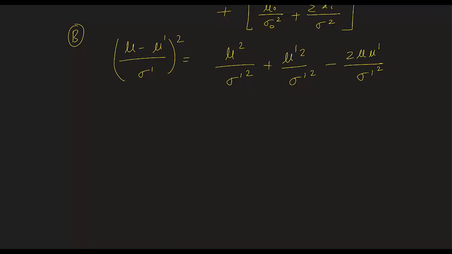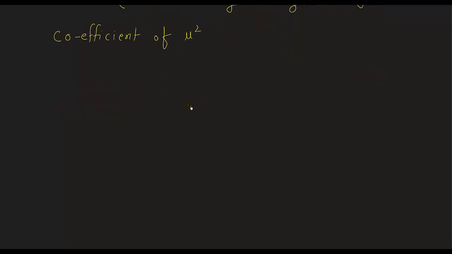So if I equate the coefficient of mu square, then we get 1 by sigma dash square is equal to 1 by sigma naught square plus n divided by sigma square.